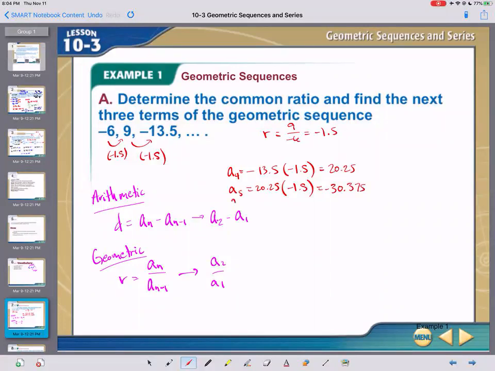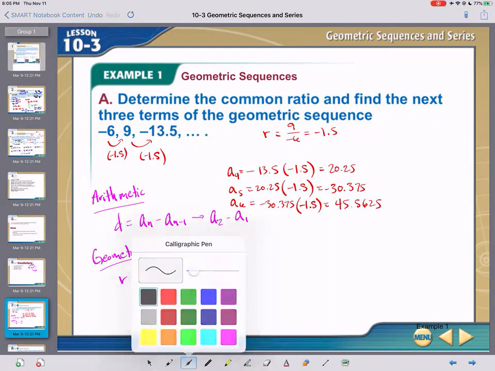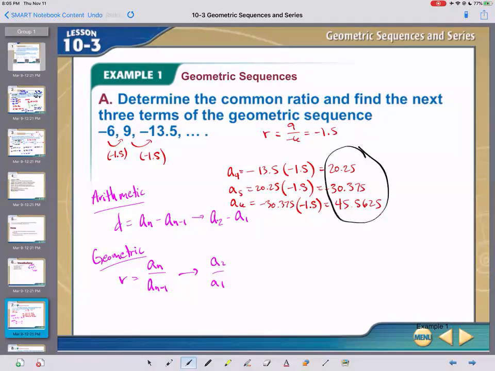And then finally, our sixth term, it was negative 30.375 multiplied times negative 1.5. And I believe that one was 45.5625. So that would be the next three terms right there. And let's see if I set that over. There we go. That would be your next three terms.